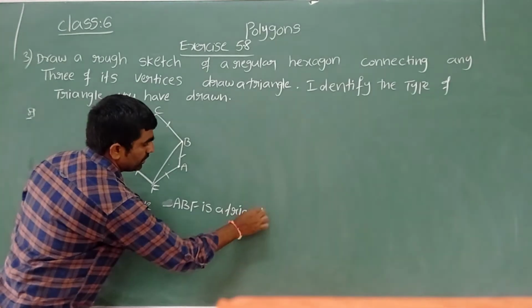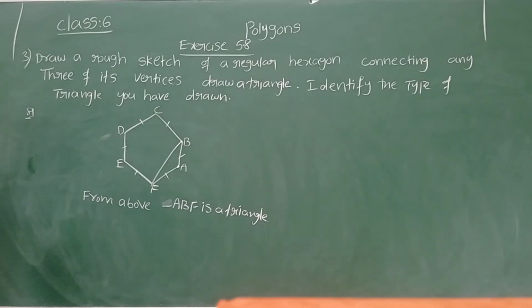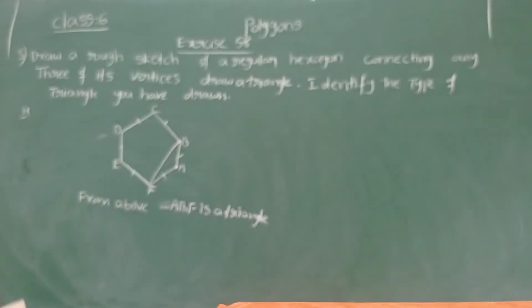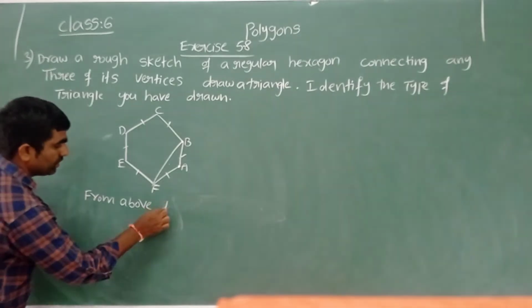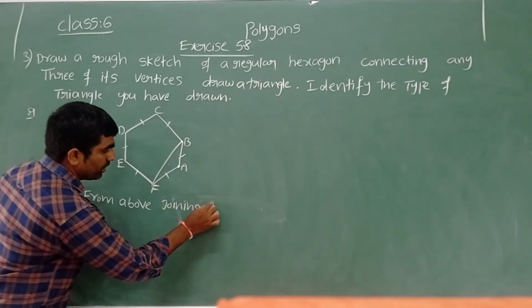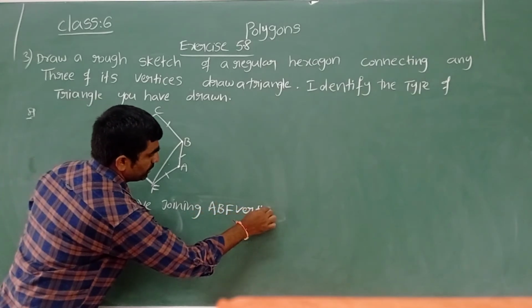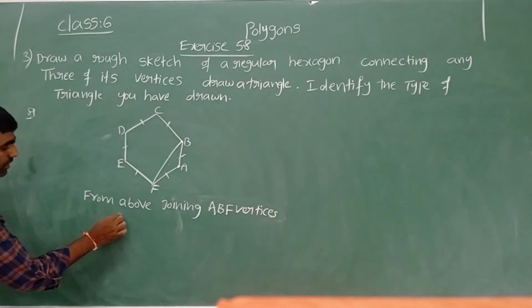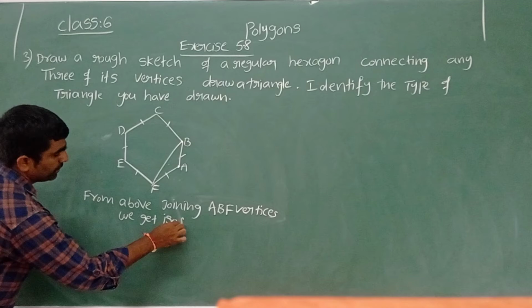Which type of triangle is it? It is an isosceles triangle. From above, we can write that joining the vertices A, B, F, we get an isosceles triangle.